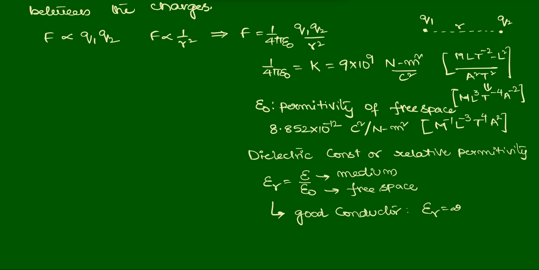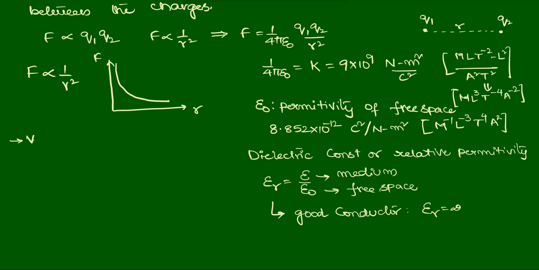And you can expect some graph based questions here. As F is inversely proportional to R square, the graph between force and distance is a rectangular hyperbola.